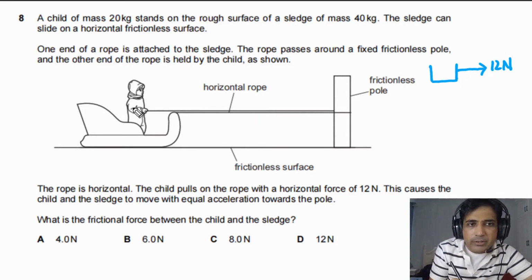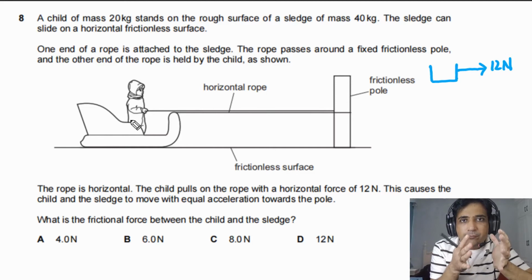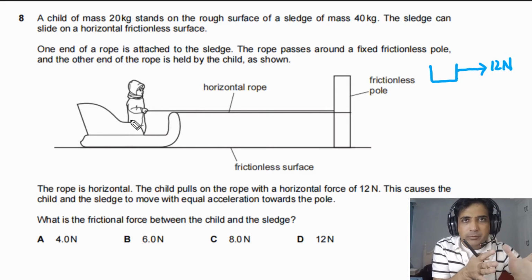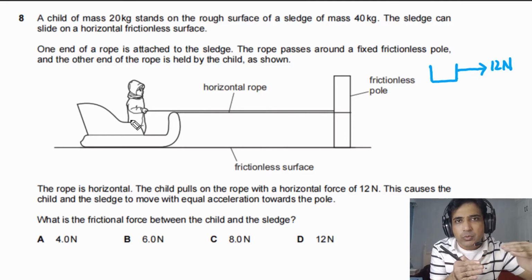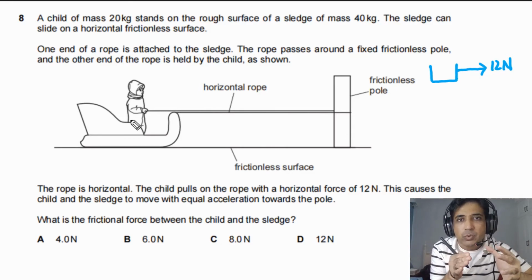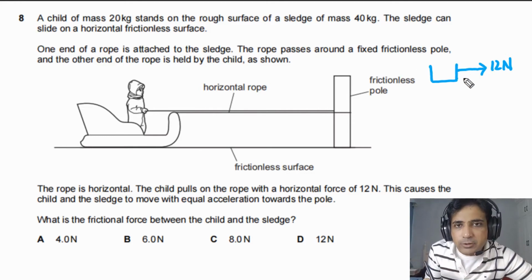We have already discussed that the frictional force acting on the child is to the left. Because the child has a tendency to go to the right, the sledge will have a tendency to go to the left, and the frictional force acting on this sledge has to be to the right.